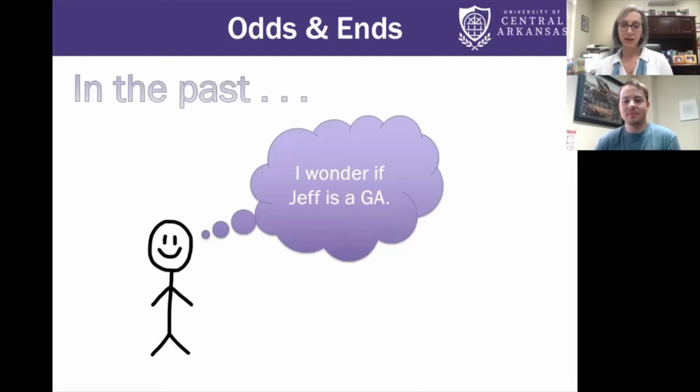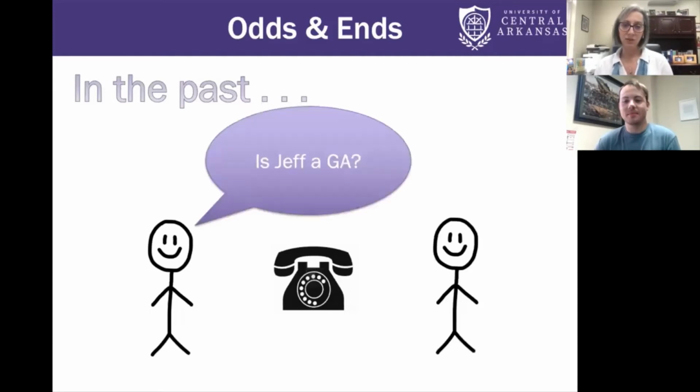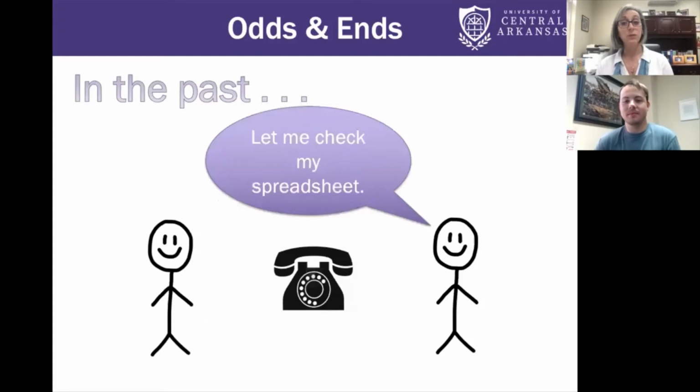Back in the past, you would probably pick up your phone, and notice I used a rotary phone as my example, and call us over here in the graduate school and ask, is Jeff a GA? And we would say, let me check my spreadsheet, because we did everything in spreadsheets.